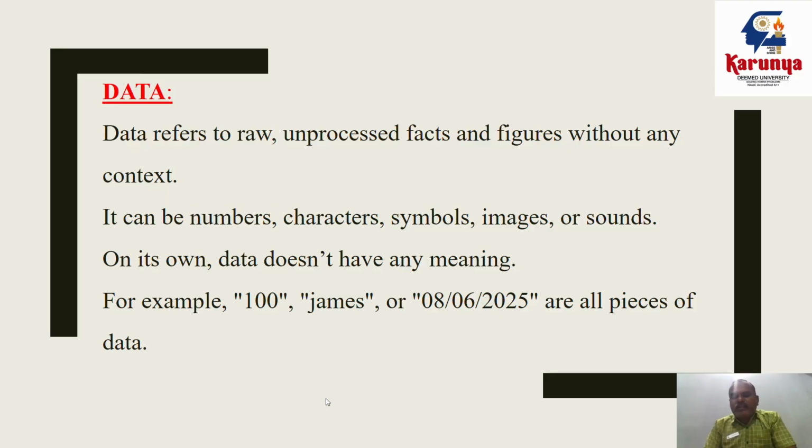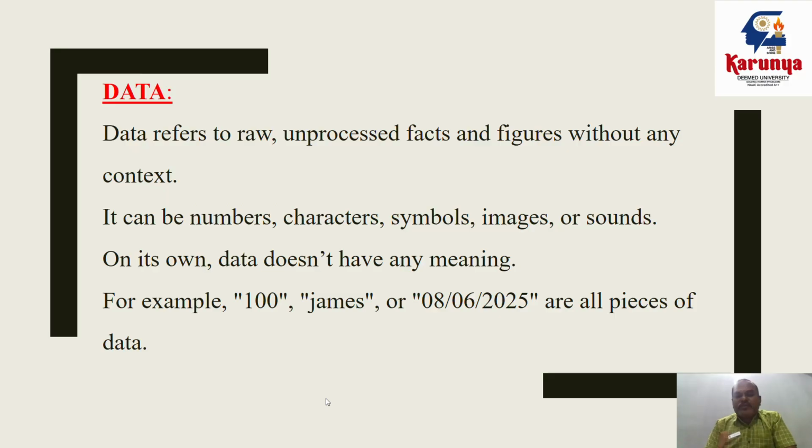All of it is data, which means raw, unprocessed information. We didn't process the data. So 100 is a number, James is a name, then one date. This is a fact, and this fact is unprocessed. That is called data.